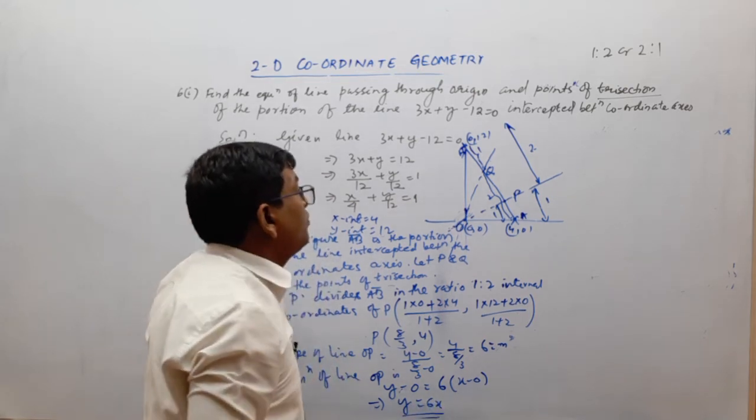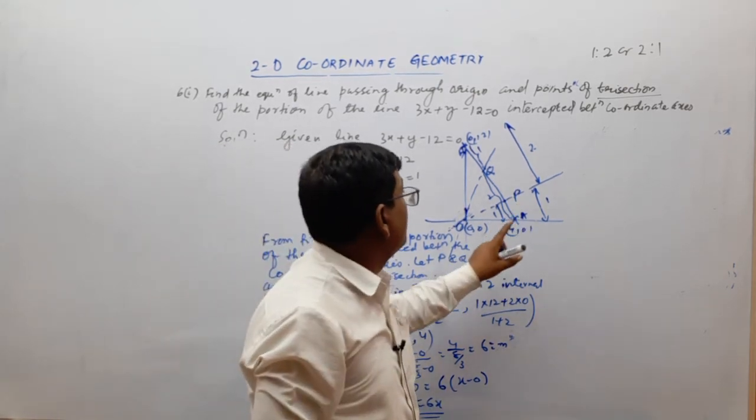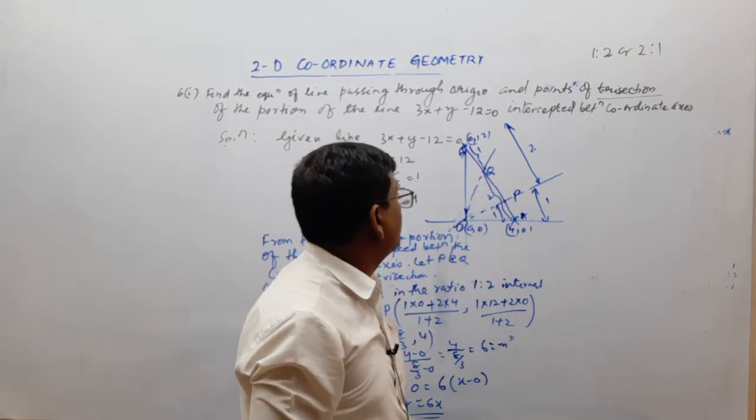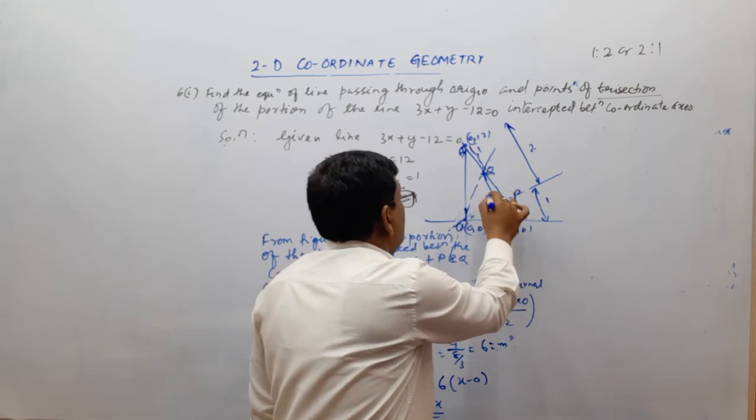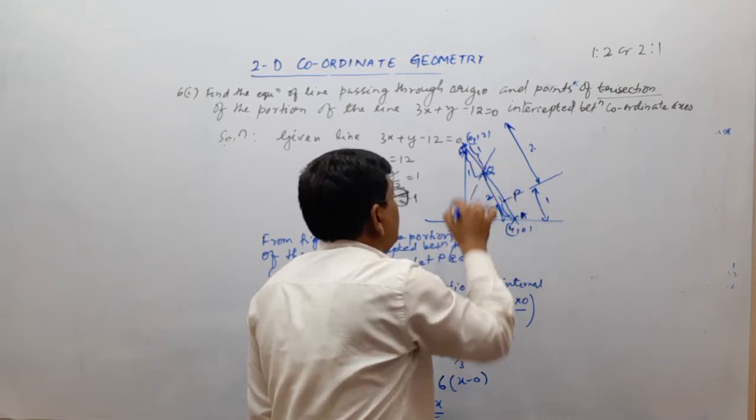Now let Q, this ratio is 2:1. This is 2 and this is 1.